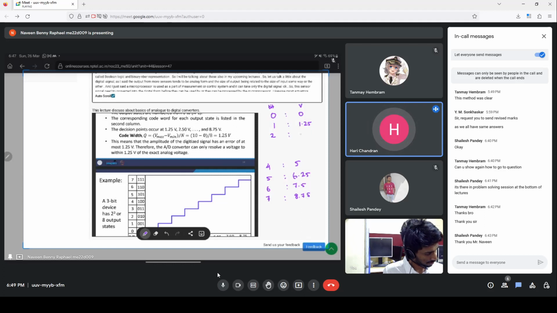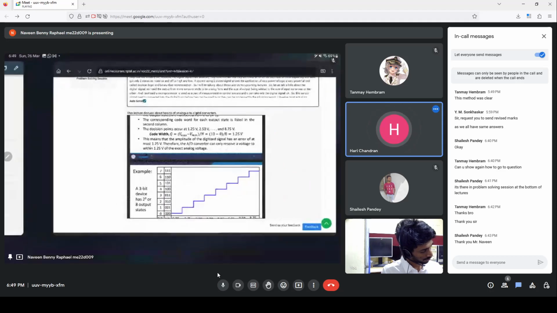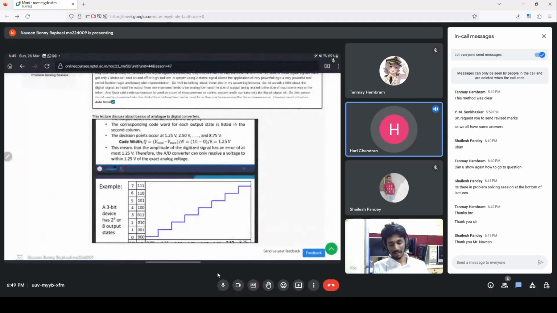Somebody divided by 256, then it should become 0.23471. So in this example itself, there was a conflict. Here it was not used, the 2 to the n minus 1. So my question is, if you consider 10 volts as the last digit of 8 bits, then that is the step voltage.